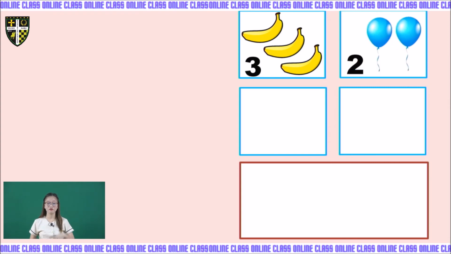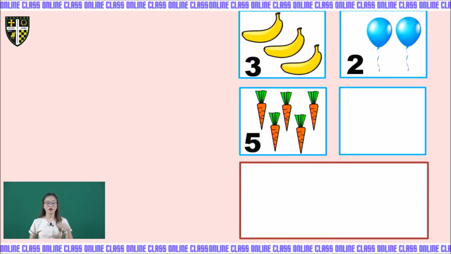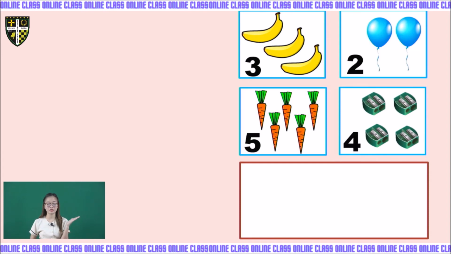So we have 2 balloons for set B. Next one, we have 1, 2, 3, 4, 5. We have 5 carrots for set C. The next one, we have 1, 2, 3, 4. So we have 4 sharpeners for set D.